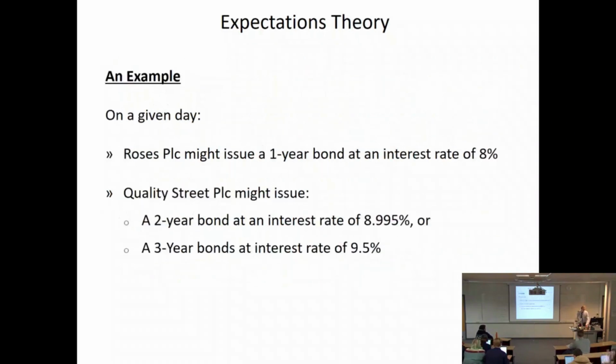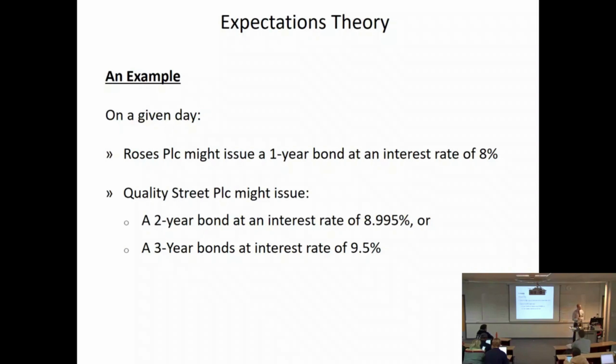So I've got an example here, some maths, so you can see what I was eating at the weekend. We have Roses PLC wants to issue a 1-year bond at 8%, and then we've looked at the yield curve, what we expect. Another product from Quality Street PLC, they have a 2-year product at that and a 3-year product at that.